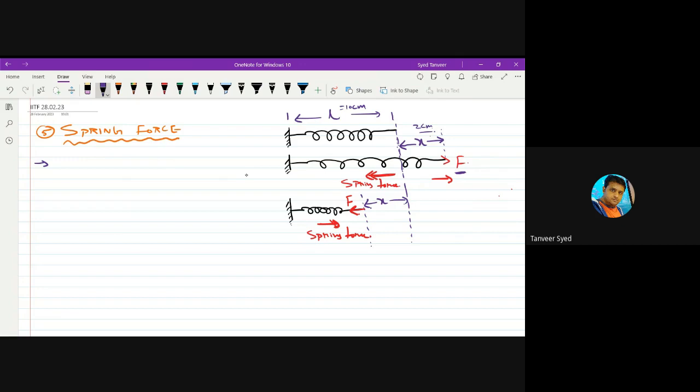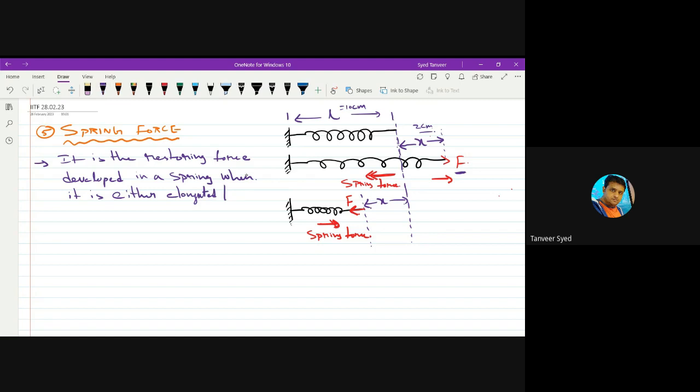So first point is, it is the restoring force developed in a spring when it is either elongated or compressed.